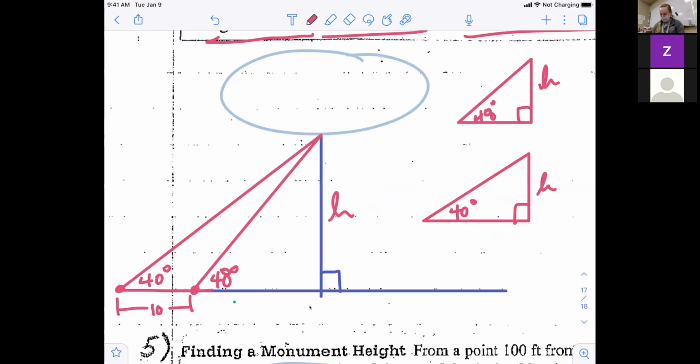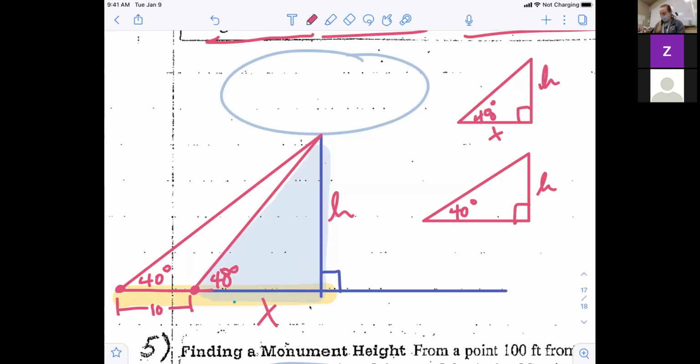Now I have 10 as this bottom side, but let's think about what's going on in this shape. In my first triangle, the 10 doesn't apply to that bottom distance. You can call that any variable. We're just going to call it x because I don't know what that is. It's not 10 though. 10 is not a part of that. So under 48, that side is called x.